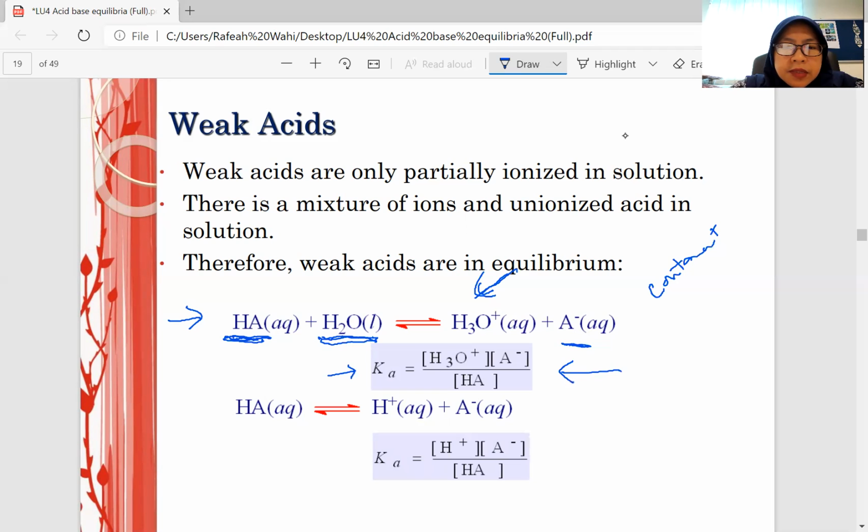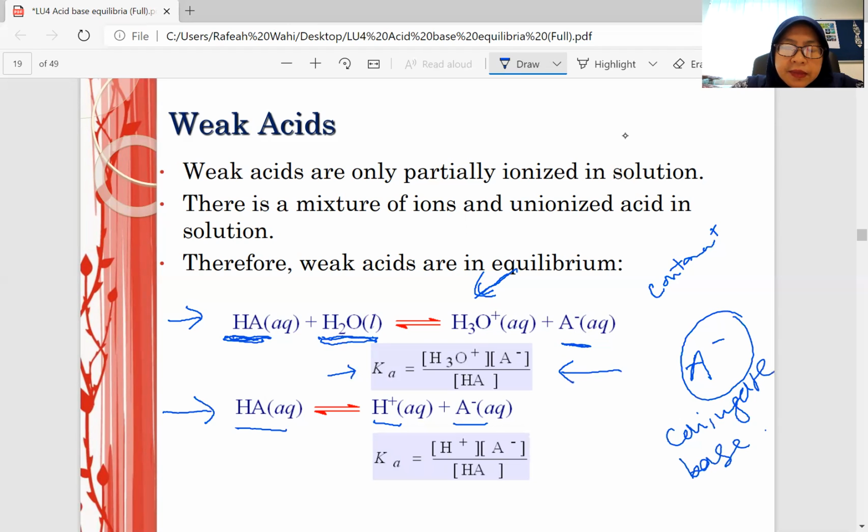If we look at another simplified version of the dissociation reaction, we have weak acid HA dissociating into H plus ion and the conjugate base A negative. So A negative here is the conjugate base.